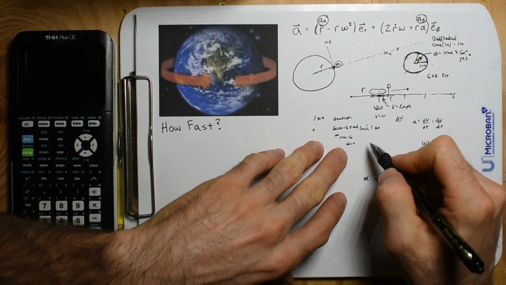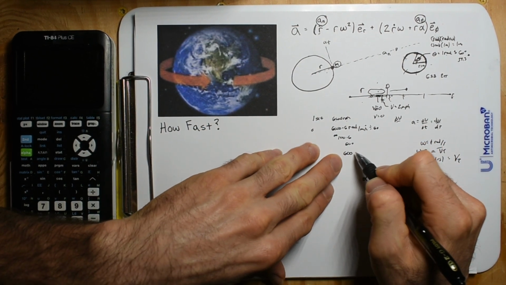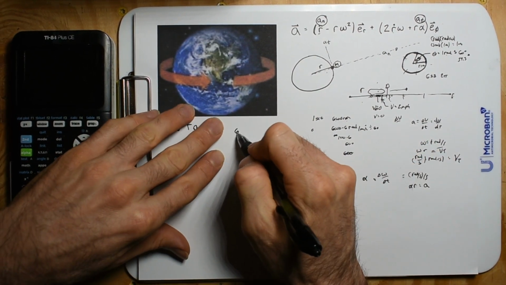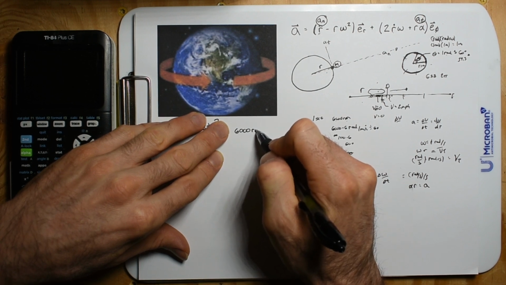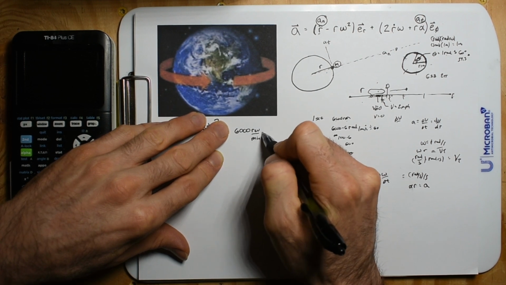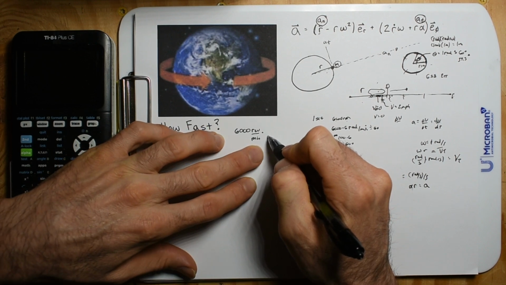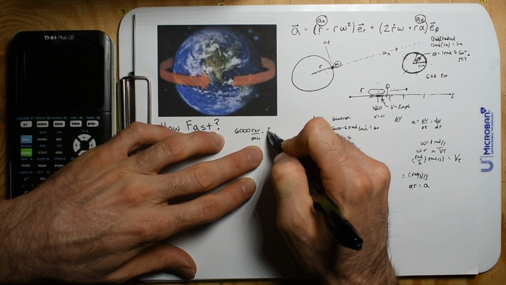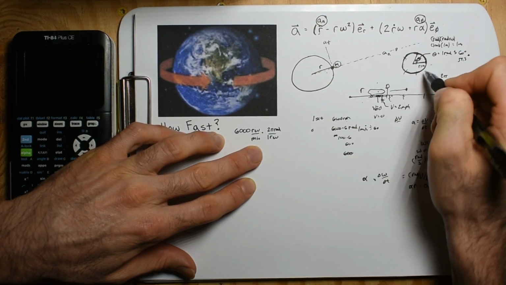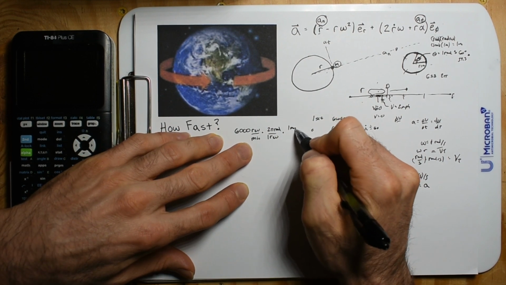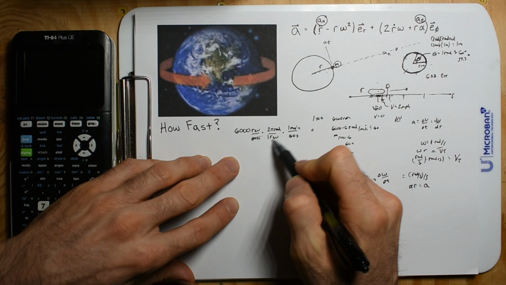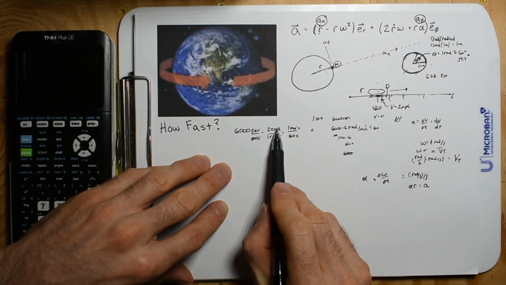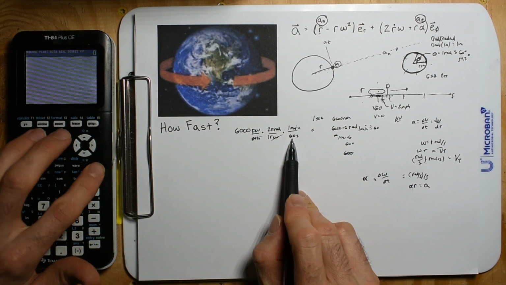And let's check that. Let's do factor label method on that. So we have 6,000 revolutions per minute. I'm saying that 1 revolution has 2 pi radians, so 1 circle. And I'm going to say 1 minute is 60 seconds. So minutes cancel, revolutions cancel, and we're left with radians per second.